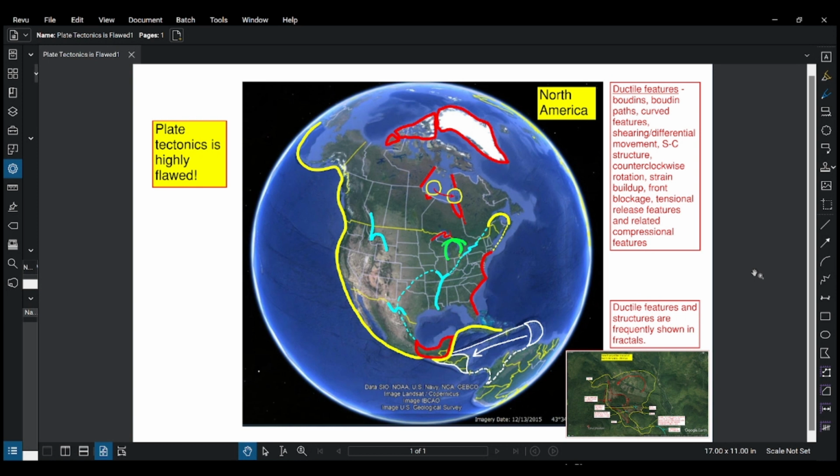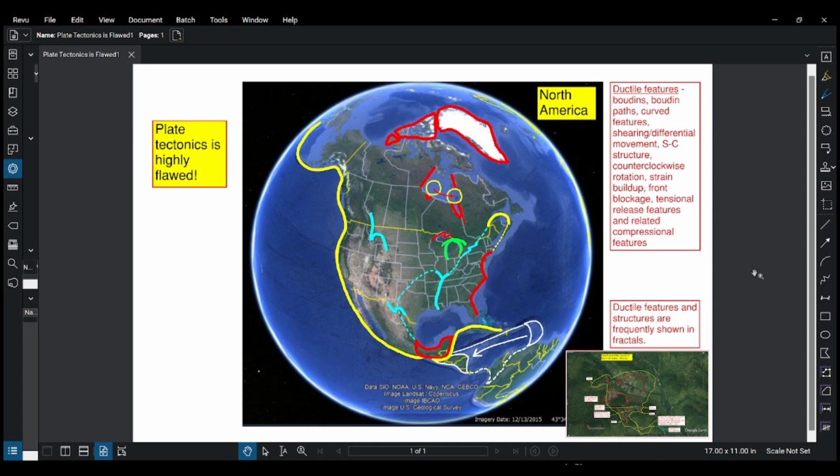Okay, so what you see here are features on Google Earth. This is the structure of North America, an interference refold structure, which we'll talk about what the heck that is soon. And you also see, I'm going to zoom in later, a fractal of North America at 28 million years ago, more or less, in the lower right.